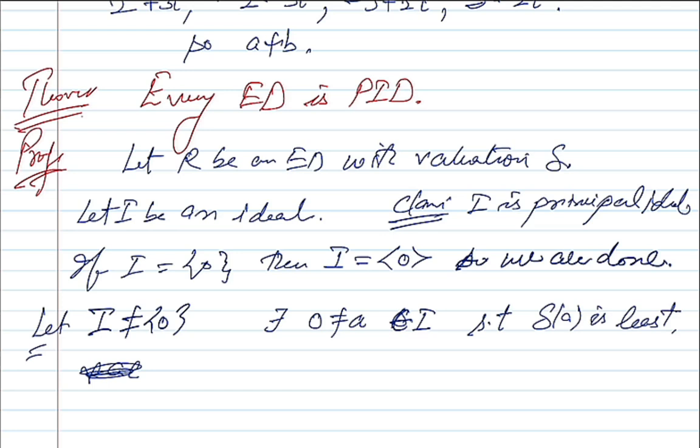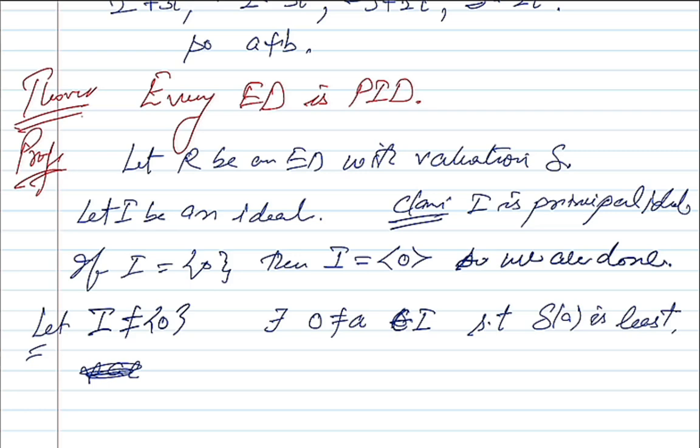Since delta takes every element to some non-negative number, and non-negative integers have the well-ordered property, meaning you can find a least among them.